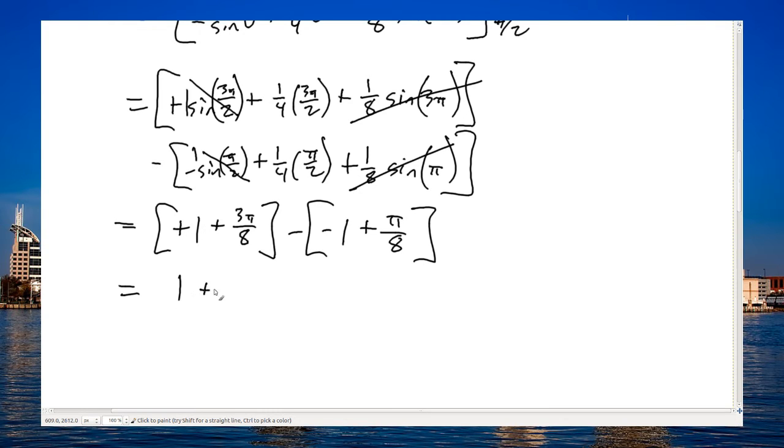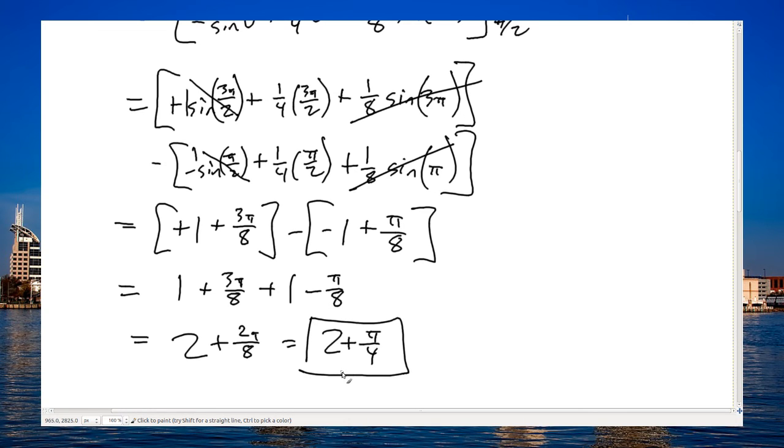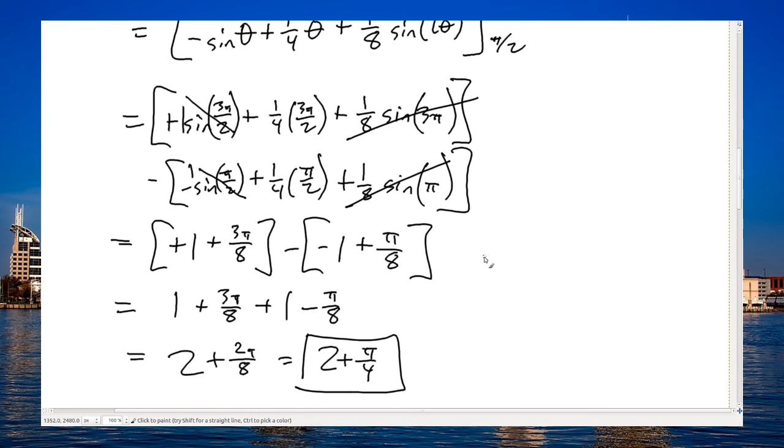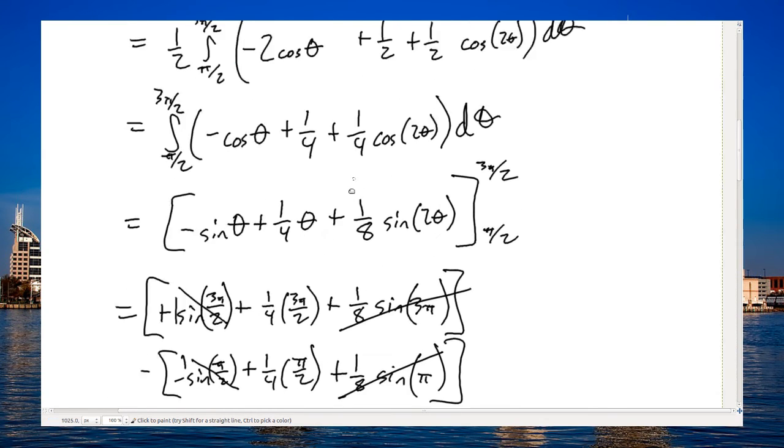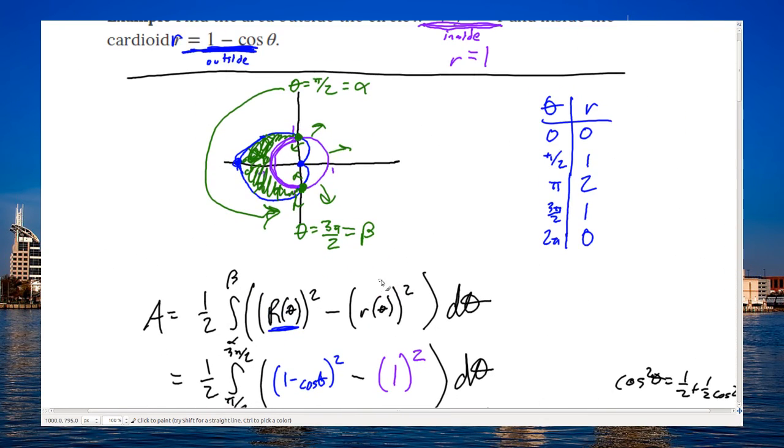So 1 plus 3 pi over 8 plus 1 minus pi over 8. So it looks like the final answer is going to be 2 plus 2 pi over 8, 2 plus pi over 4. And that is the area. It's a positive number, so that does seem reasonable to be the area of that particular region that we drew way back over here.